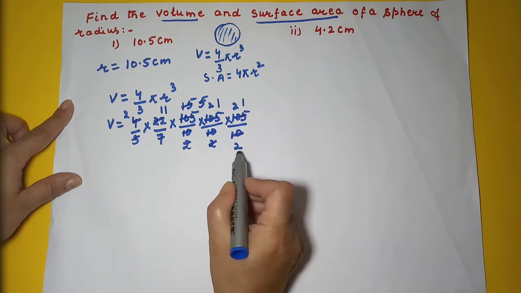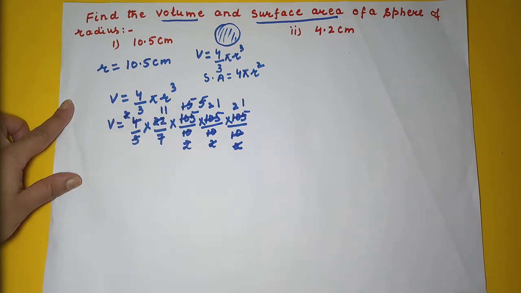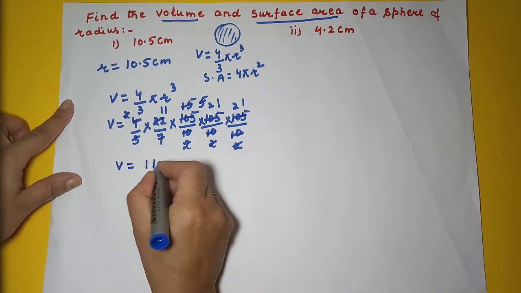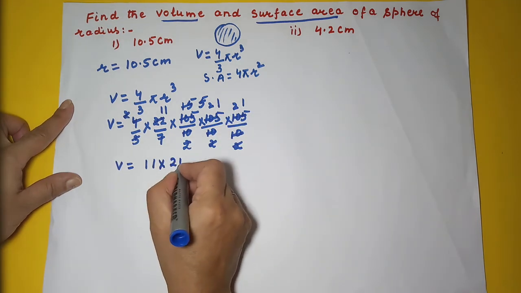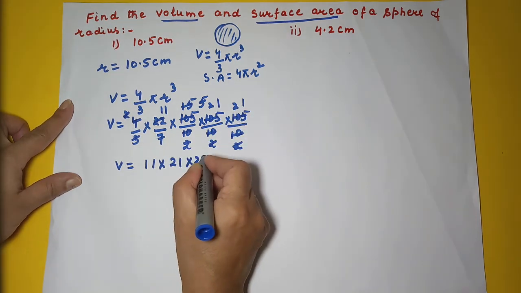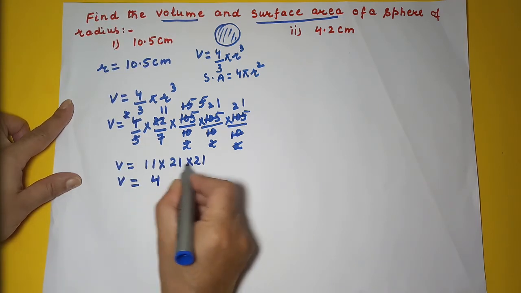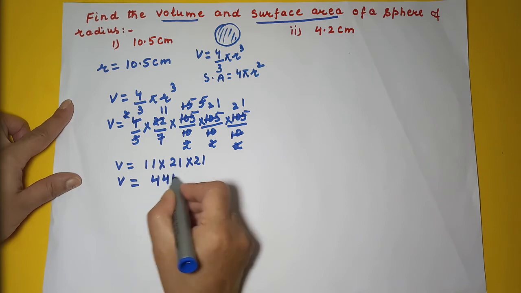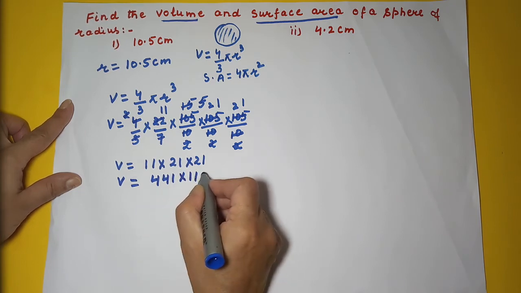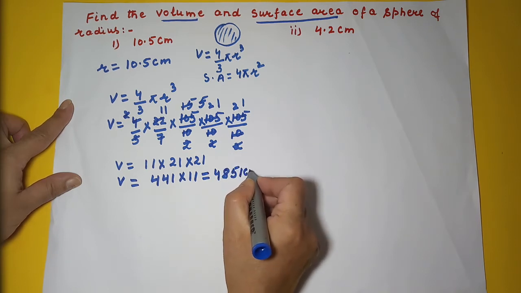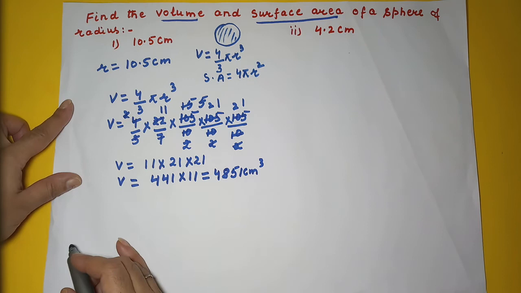So in the denominator we are left with only 2. So this 2 and this 2 will also go. So what are we left with now? We are left with 11 into this 21 and this 21. Be very careful with the calculations. So volume is equal to 21 into 21 is 441, into 11, which is equal to 4851 centimeter cube. So you have found the volume of a sphere whose radius is 10.5.